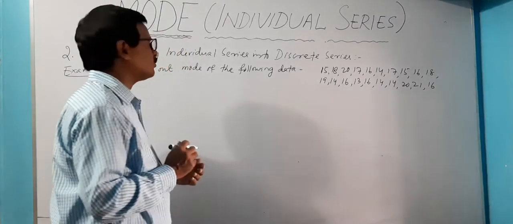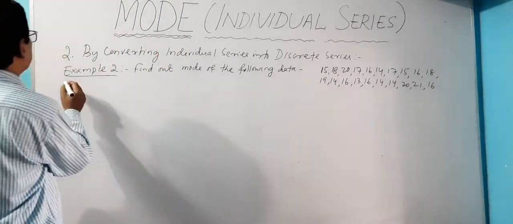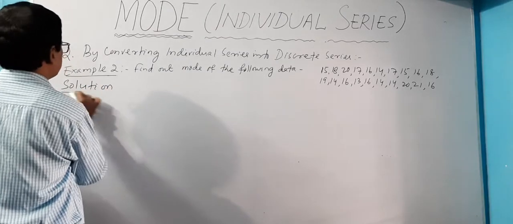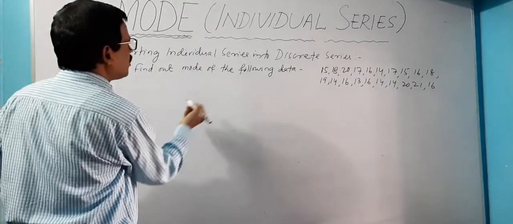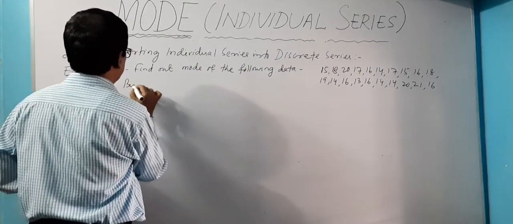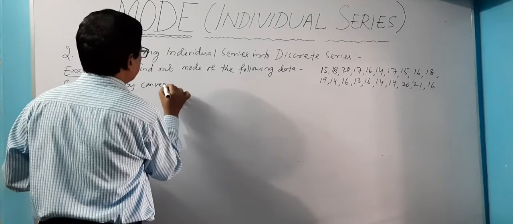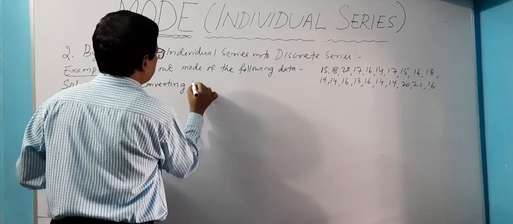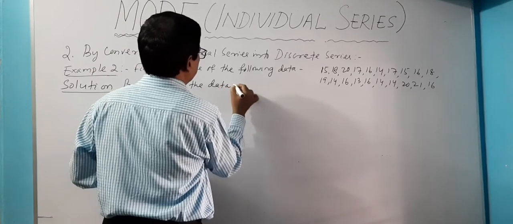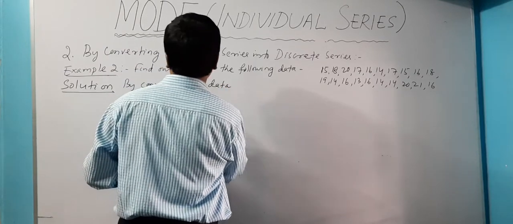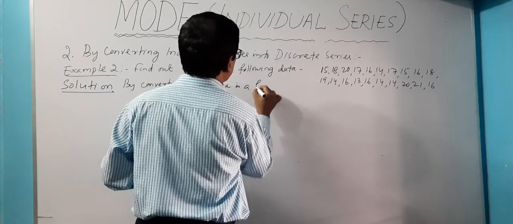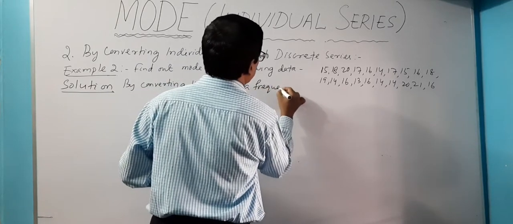In this method, the solution is by converting the data into a frequency distribution table.